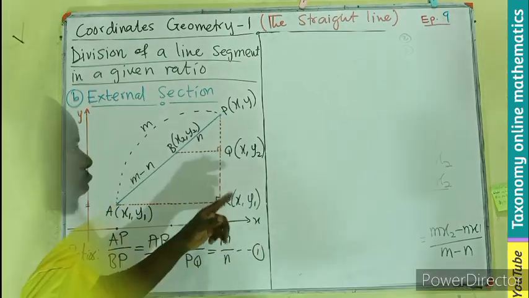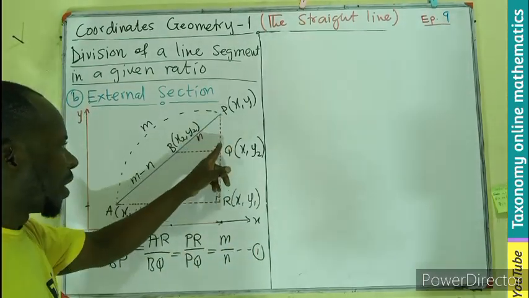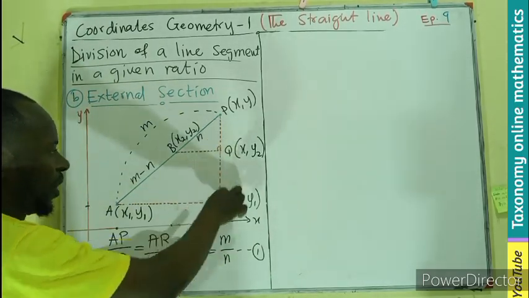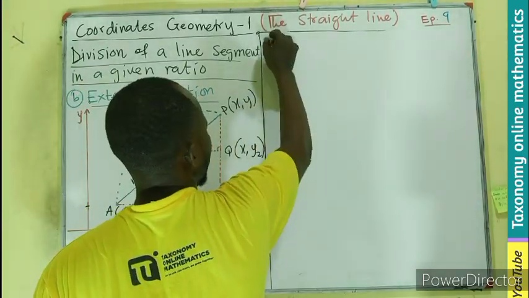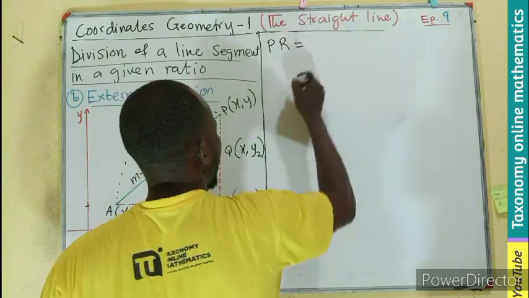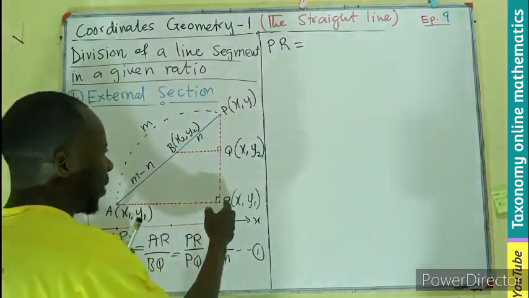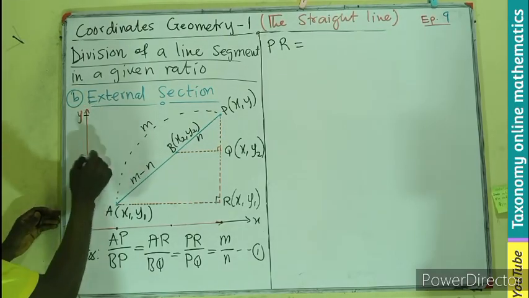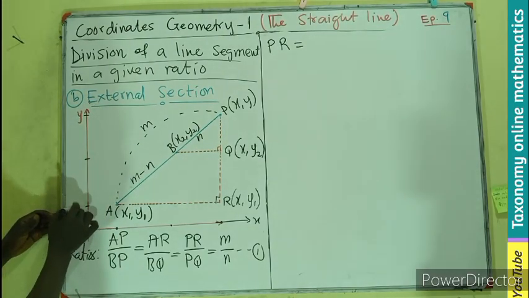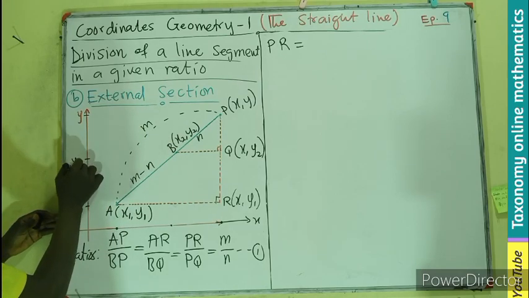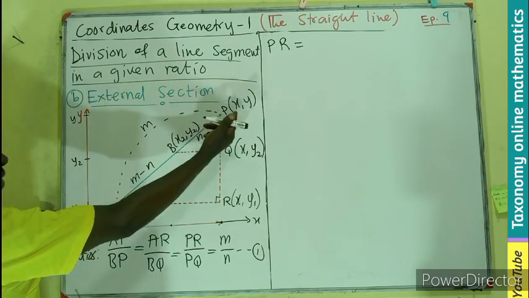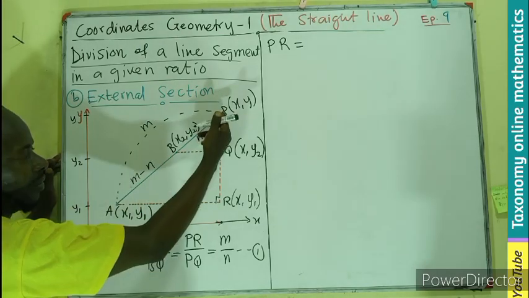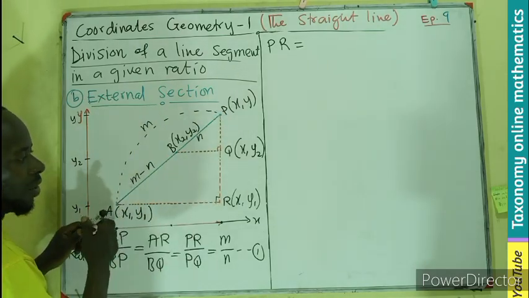Good. For the y coordinate, we are going to be dealing with the vertical axis. So let's pick PR first. The length of PR, the PR will be on the y axis, right? So this is your y1, y2, y itself. y2 is here and y1. I am taking PR.